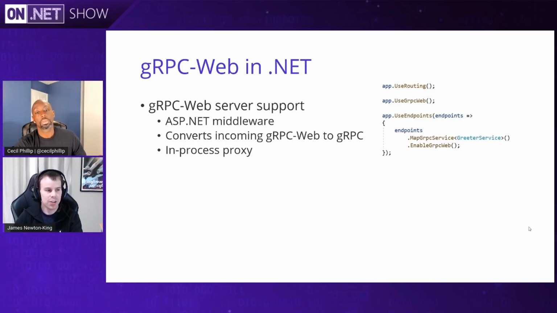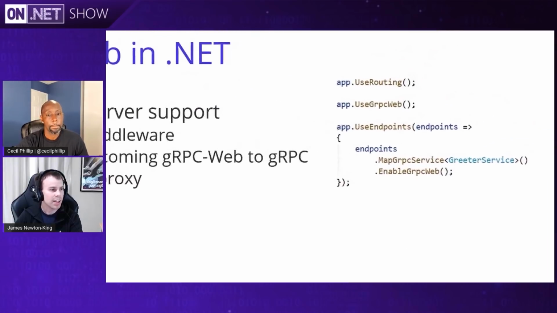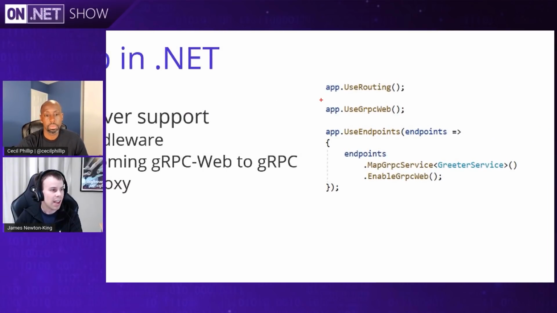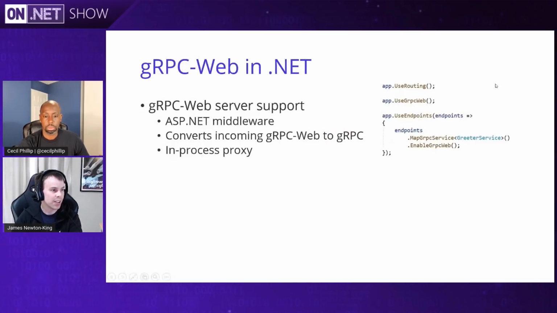And all you need to do is add the middleware into your request pipeline, and then you mark the services that you want to use with gRPC-Web with this enable gRPC-Web metadata. So it's very, very simple and easy to use in .NET, and we'll see that in a demo soon.